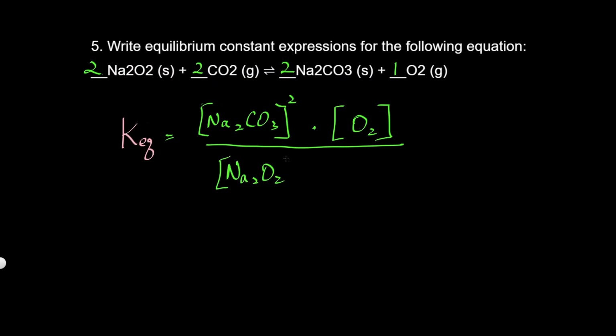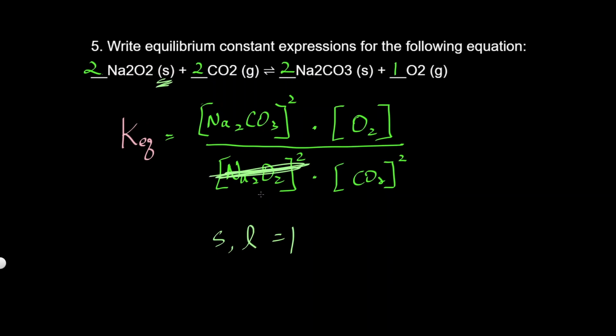Na2O2, concentration of that squared, times, remember it's times, it's not plus or minus or anything, and then CO2 to the second power. But here's a big but. If you're writing KEQ, the equilibrium constant, all the solids and liquids, like water, become 1. So this is solid, so this becomes 1.